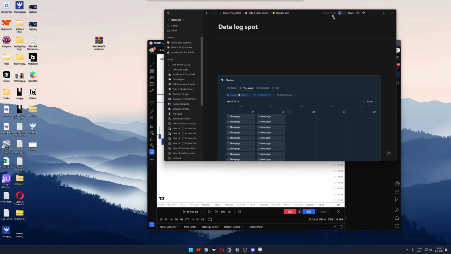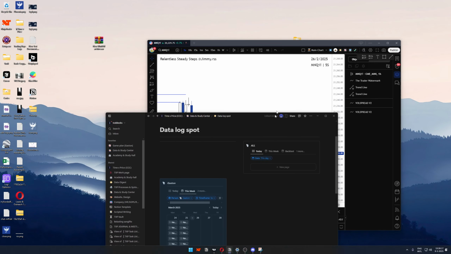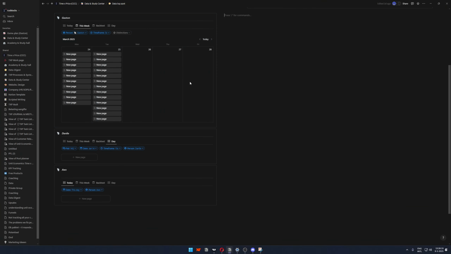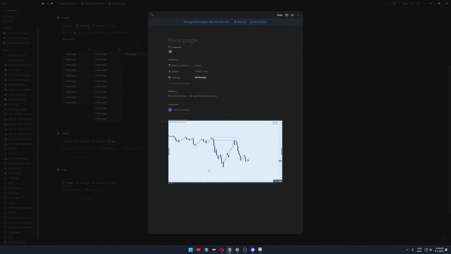Then I'll have the data log spot on the left screen, but for now I will use it on my main screen so you guys can see it. I'll dump in the image using Ctrl V. Now it's in here, Notion will hold on to it, and the sample will be here forever.